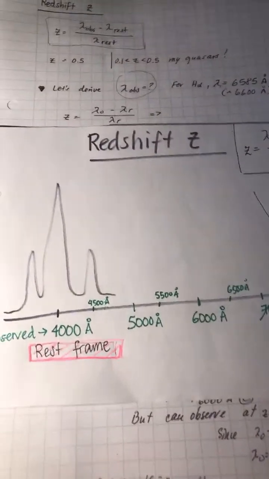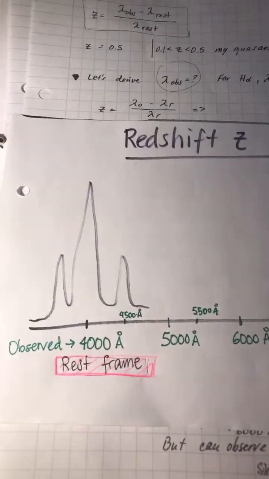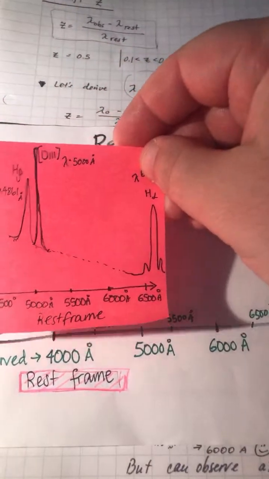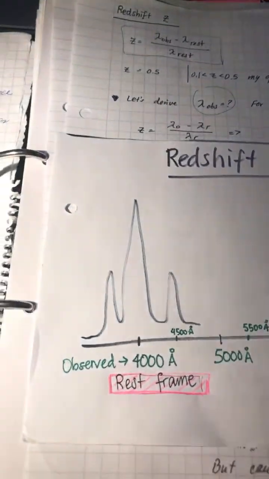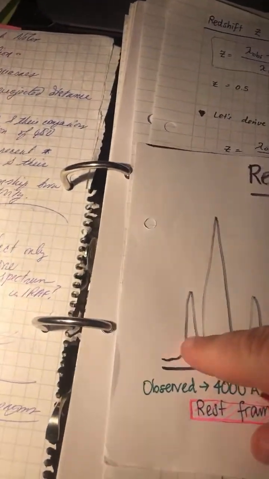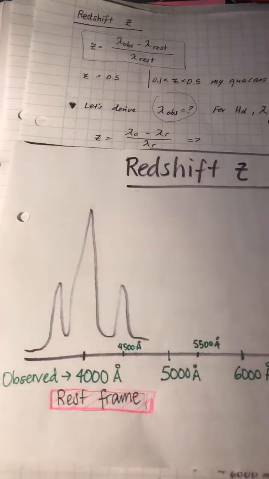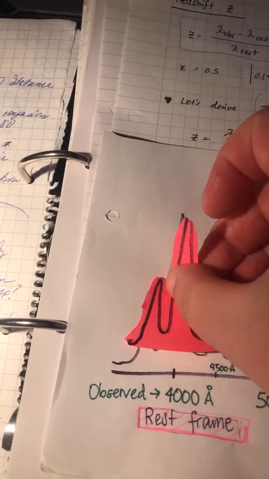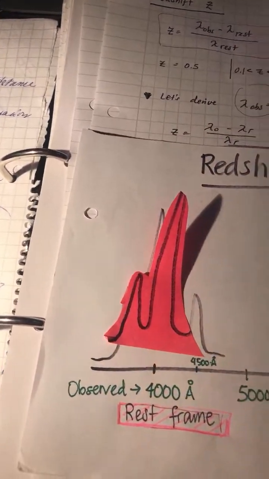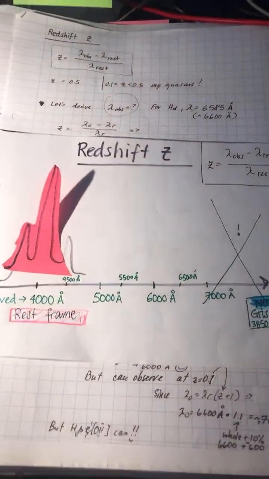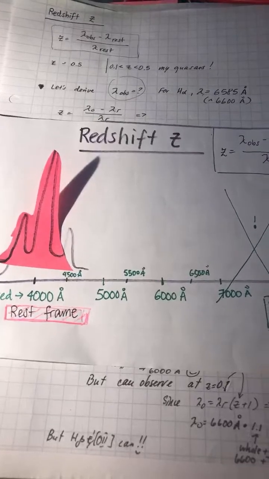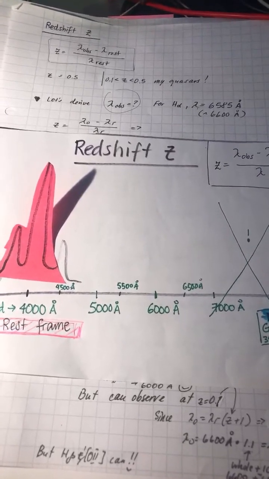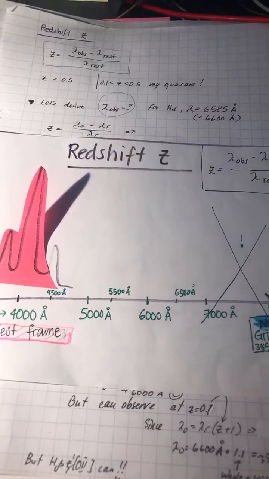How are we gonna do it? Okay, so let's do one emission line first. Let's say we have this emission line, and it used to be in its rest frame here. Let's say it is H alpha.